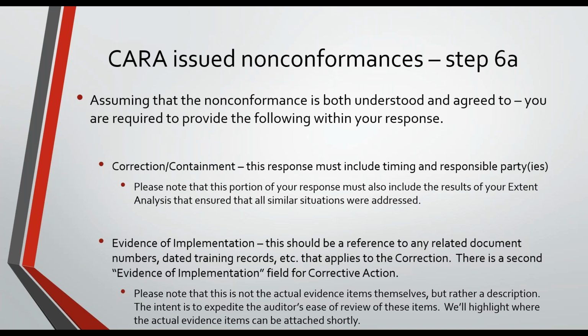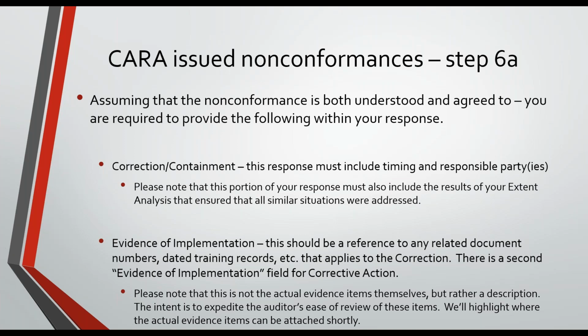There is an evidence of implementation box right after correction containment. Now what this is for is for you to explain what evidence you've provided that relates to the correction. There's also an evidence of implementation field for corrective action too.